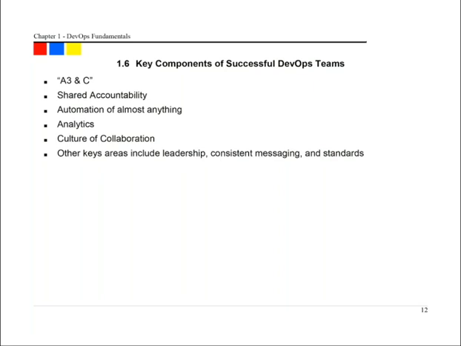And then all of this is supported by the last item, the culture of collaboration. A culture that, regardless of where I am in the value stream, regardless of what organizational unit I'm in, my purpose is to collaborate with the other people on the extended team.